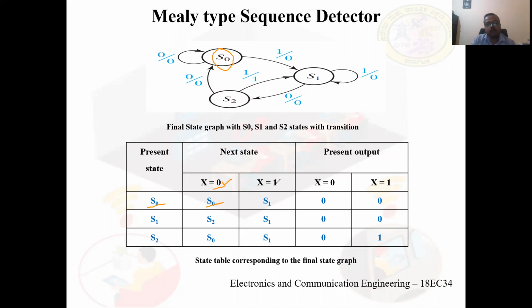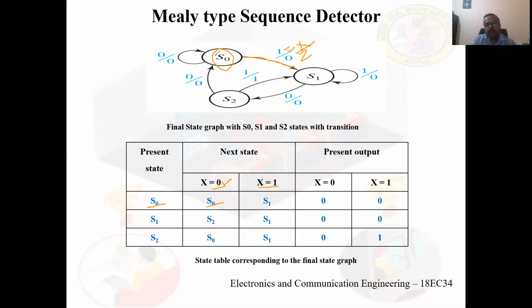Similarly, when x is equal to 1, this transition, when x is 1, this is nothing but what? X, and at the bottom what we have is z here. Right?